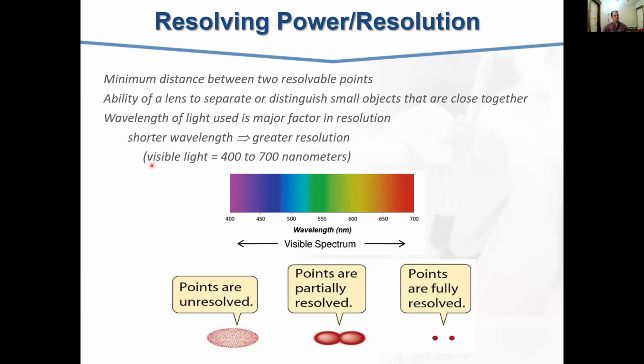So visible light varies from 400 to 700 nanometers, with smaller wavelengths giving you better resolution. So it is better to use light on this side of the spectrum than on this side of the spectrum. Again, here you can see what the resolution of a microscope will allow you to do. Here the points are unresolved, here they become partially resolved, and here you can see them nicely as two distinct dots.